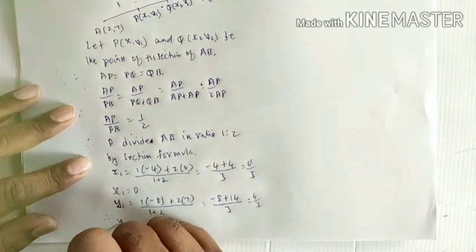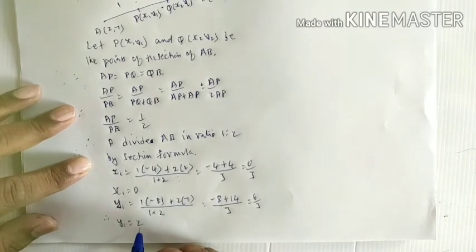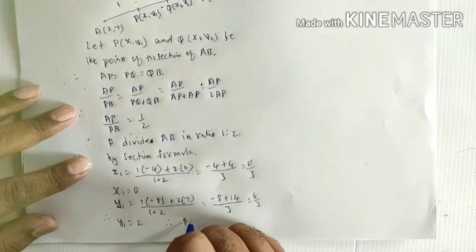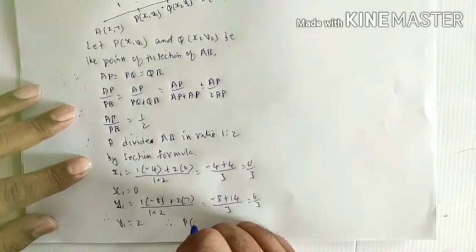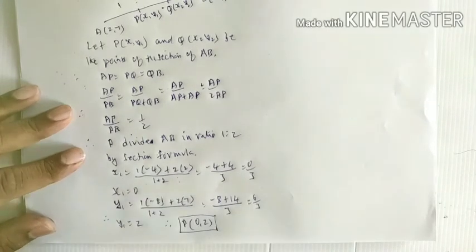Therefore y1 is equal to 2. We got x1 equal to 0, y1 equal to 2. Therefore coordinates of P are 0, 2. We got the coordinates of P.